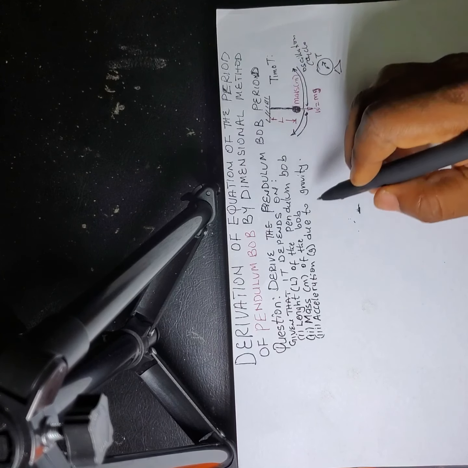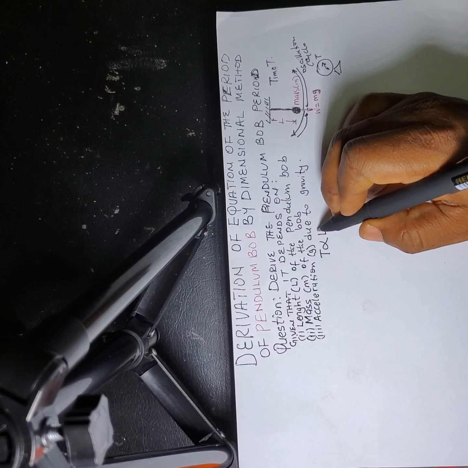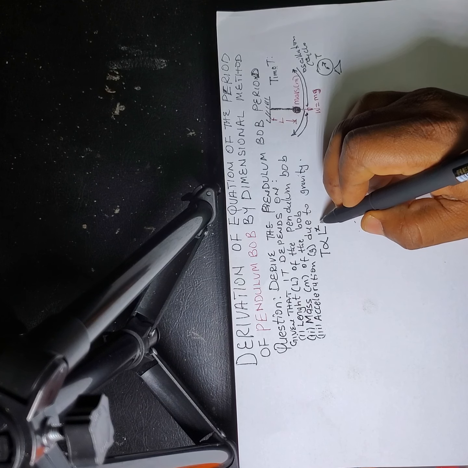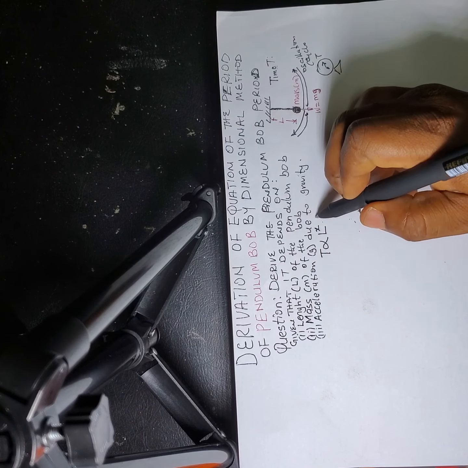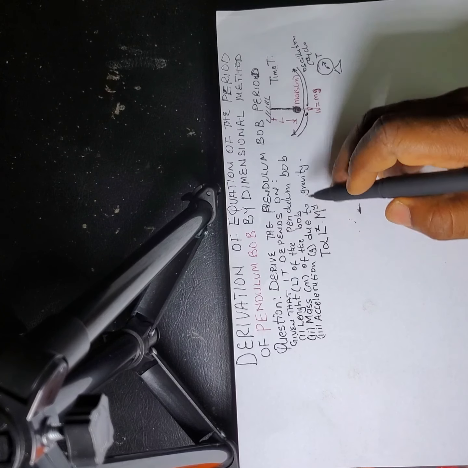Now, according to the variables that I mentioned here, we say the time t is proportional to the length L, let's say raised to power x, which we don't know. Then mass M of the pendulum bulb, let's say raised to power y, which we don't know. Then it's also proportional to the acceleration due to gravity.